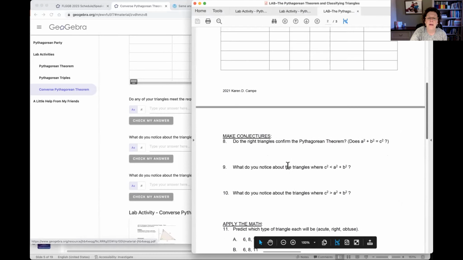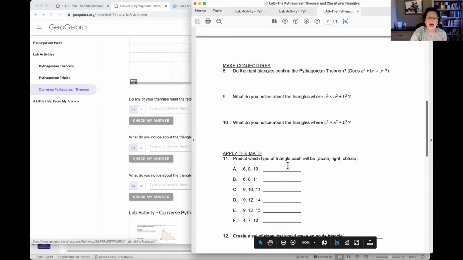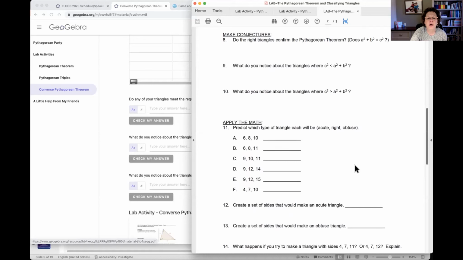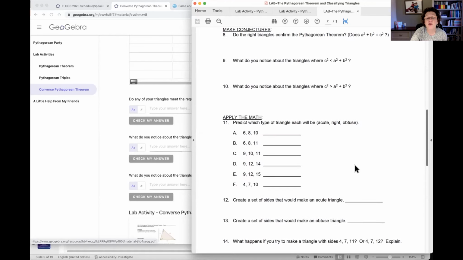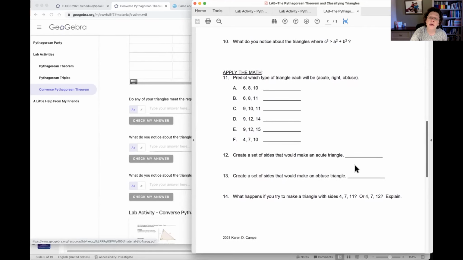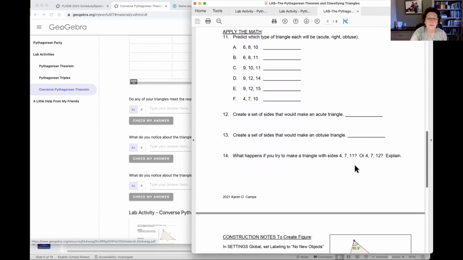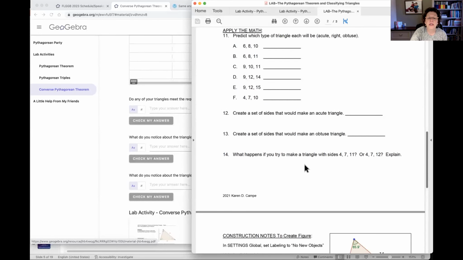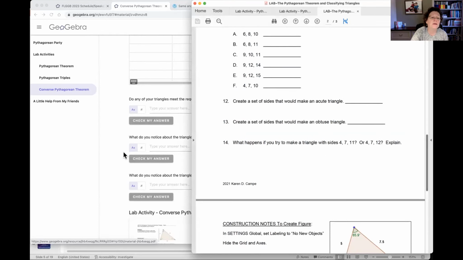In the lab activity, same questions, and apply the math, predict which type of triangle each one will be, create a set of sides that will make each one. And then 14, what happens if you try to make a triangle with sides 4, 7, 11 or 4, 7, 12?